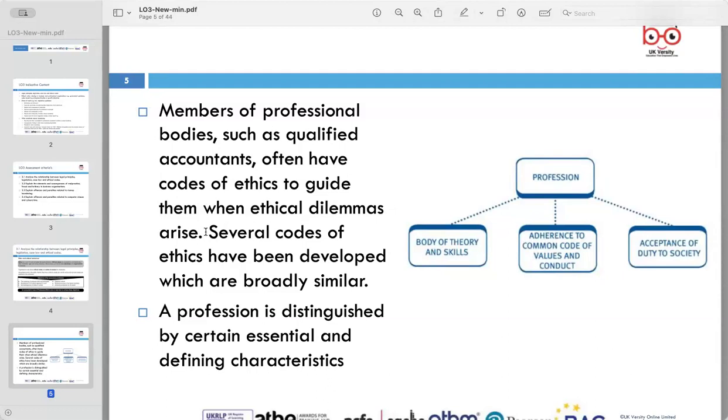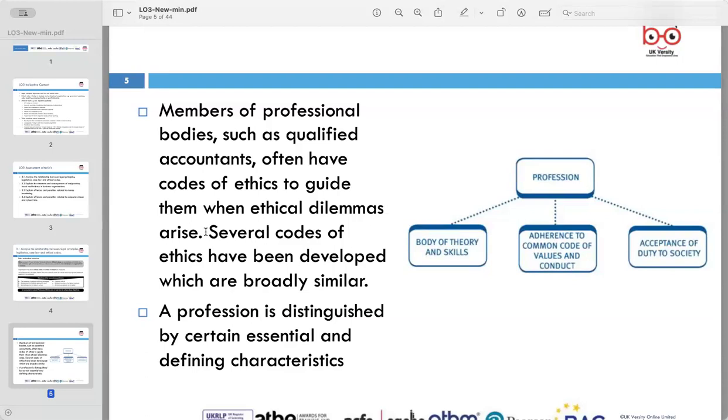Accounting as a profession exemplifies these characteristics. It covers a comprehensive body of theory and skills acquired through education and training. Adherence to a common code of values and conduct is central to the profession, administered by governing bodies to ensure an objective outlook and uphold ethical standards applicable to all members.